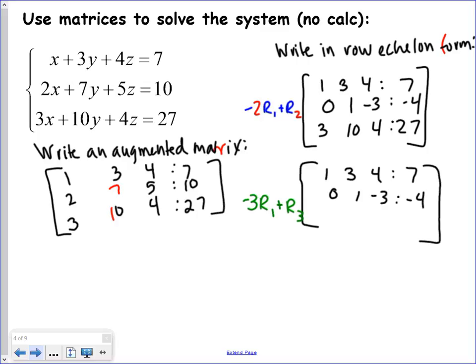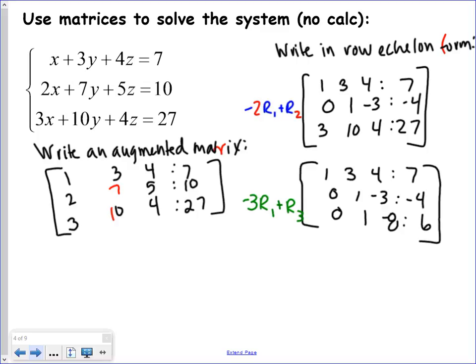So -3 times 1 is -3 plus 3 is 0. Negative 3 times 3 is negative 9, plus 10 is 1. Negative 3 times 4 is negative 12, plus 4 is negative 8, and negative 3 times 7, negative 21, plus 27 is 6.